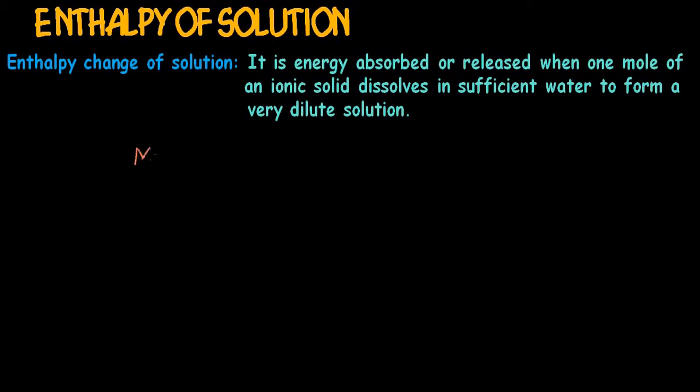Suppose we have taken magnesium chloride ionic solid. This is denoted as MgCl2 solid, in the solid state. Dissolving this in water, so water is denoted here with AQ. If this gives the solution, then that is denoted with magnesium chloride aqueous, that is MgCl2 aqueous.